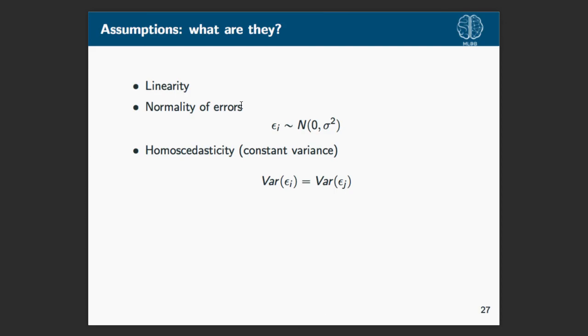Okay. There's another thing called homoscedasticity, which is constant variance. So a normal distribution is parameterized by its mean and its variance. The mean is kind of the average of where it is, and the variance is how spread out it is. So here, each of the errors, we assume them to have 0 mean, but some sort of variance, right?